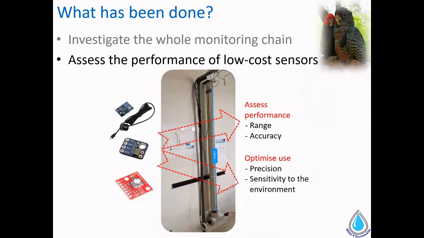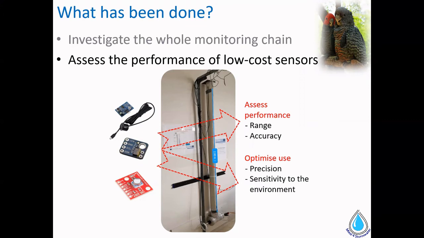The first thing we have worked on before building prototypes was the performance of the sensor itself. So we have investigated different water level sensors, low cost water level sensors. And so we have assessed for each low cost sensor its range and its accuracy.